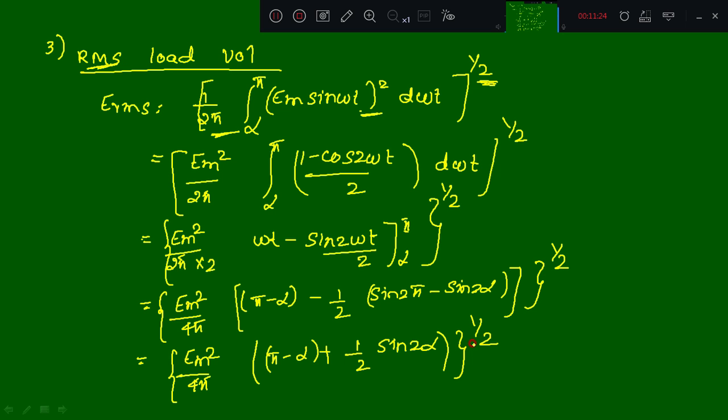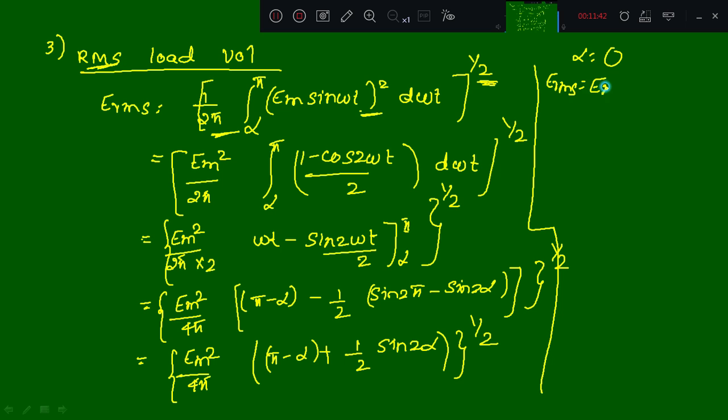Now when alpha is 0, we need to calculate. ERMS can be written, when alpha is 0, as Em square raised to half.